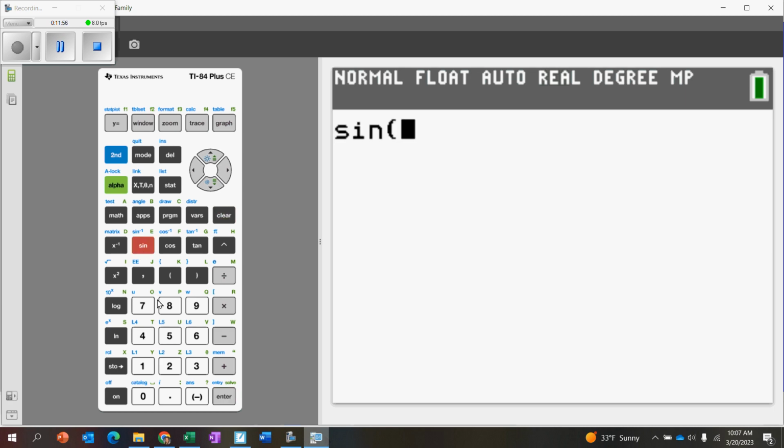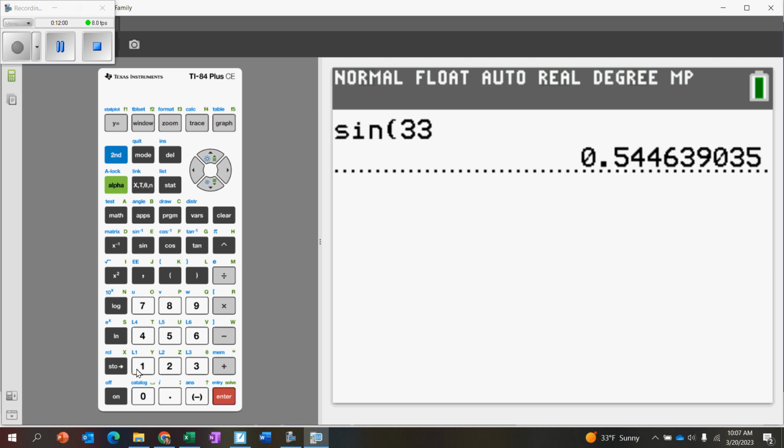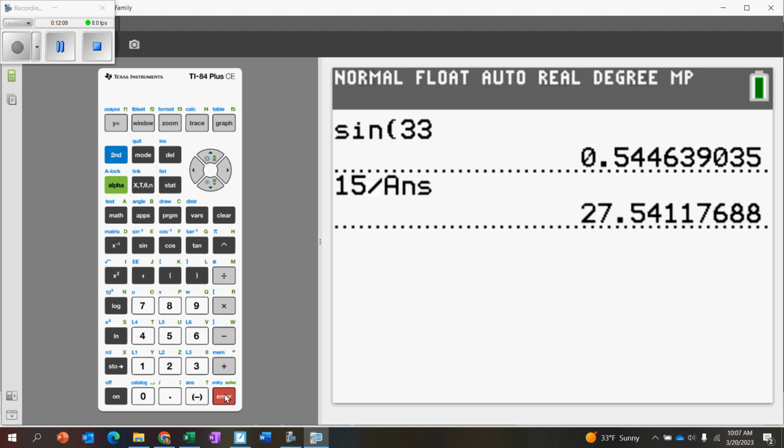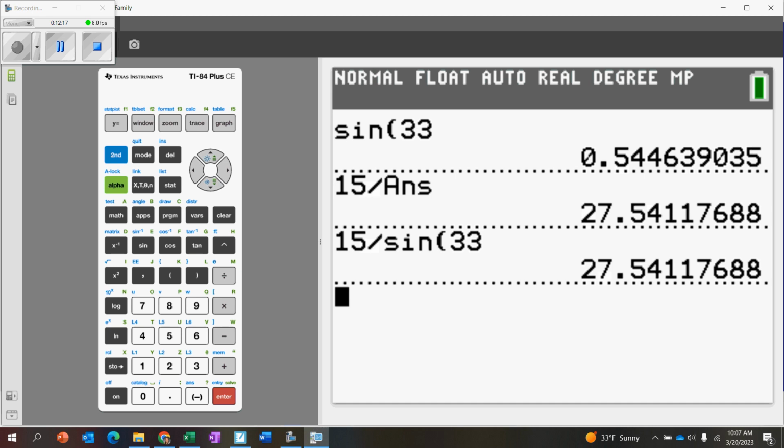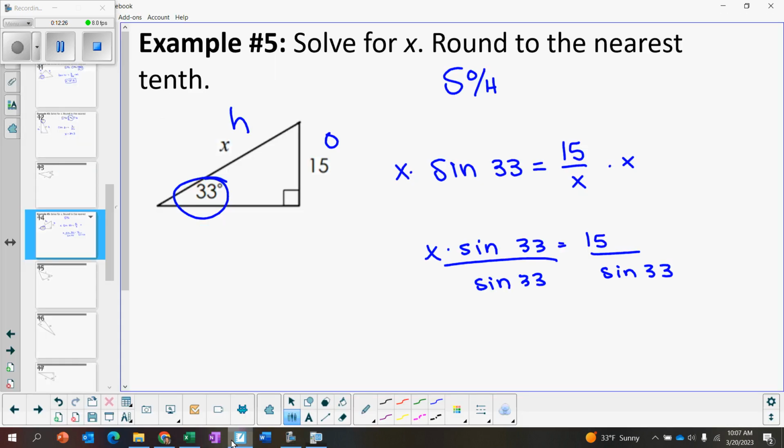I could either find the sine of 33, get an answer, and now hit 15 divided by, and every calculator has an answer button, so it knows the previous thing you put in. Or I could do 15 divided by sine of 33. It's up to you. Either way, we get 27.5.